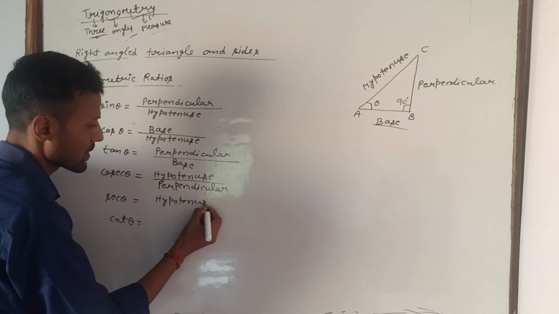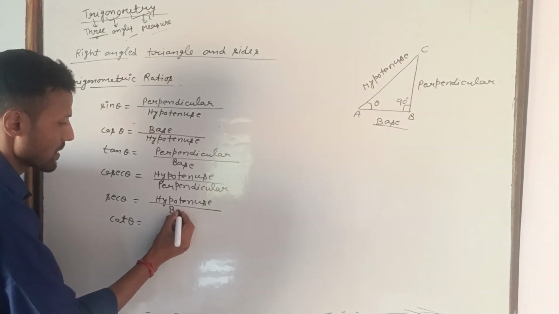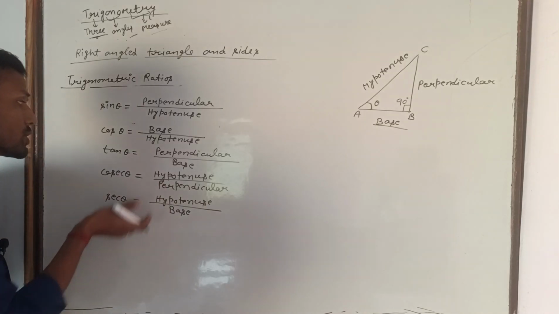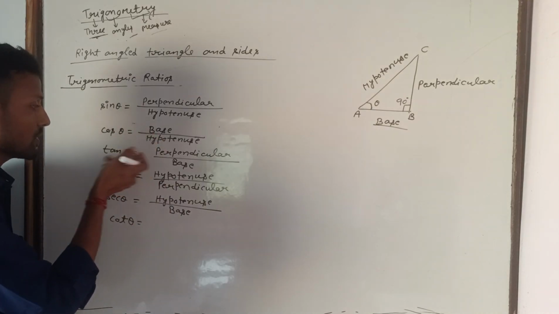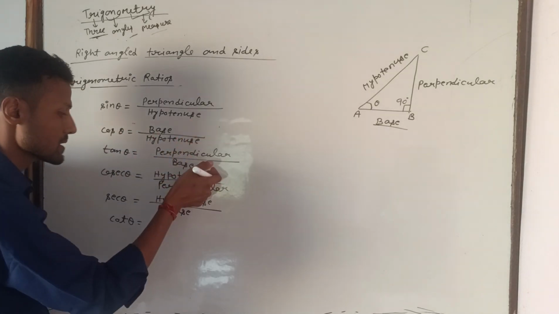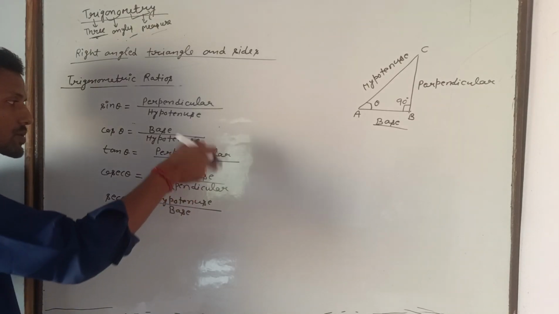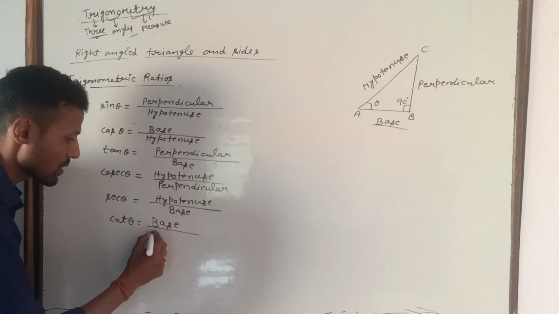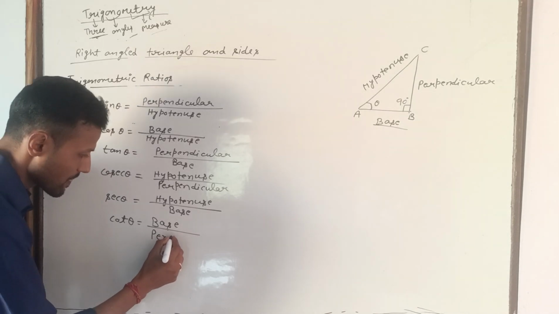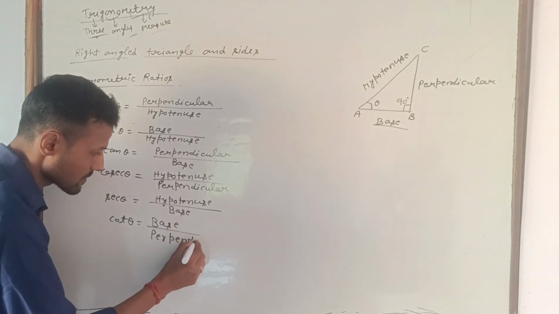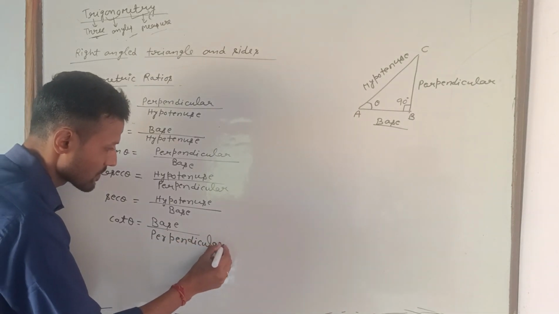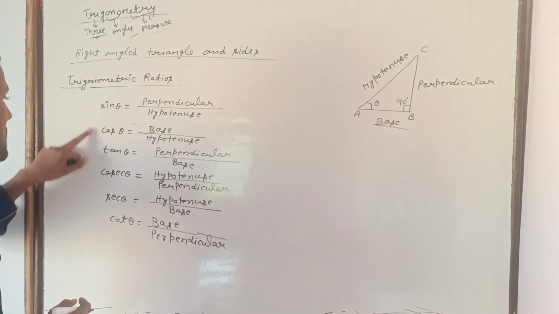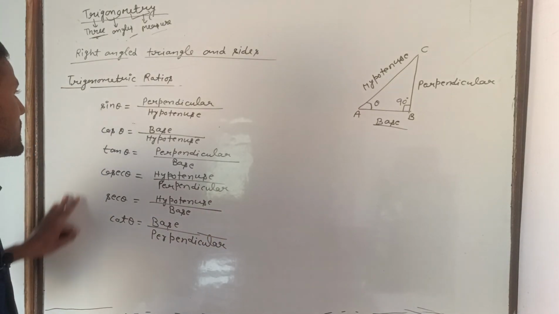And cot theta is the reciprocal of tan theta. So if tan theta is perpendicular over base, cot theta will be base over perpendicular. These are the 6 trigonometric ratios in trigonometry.